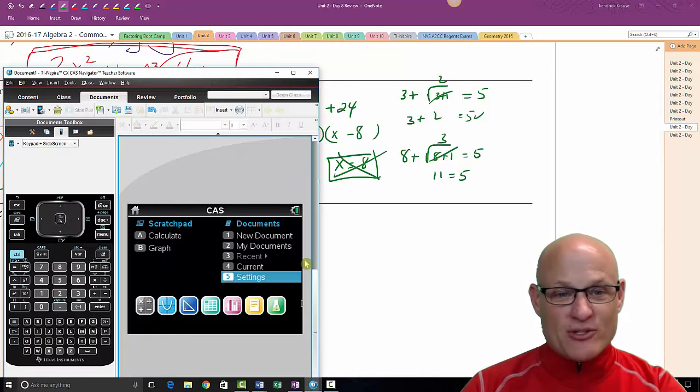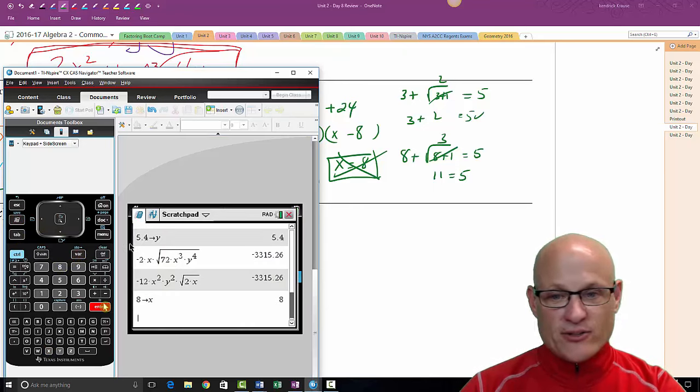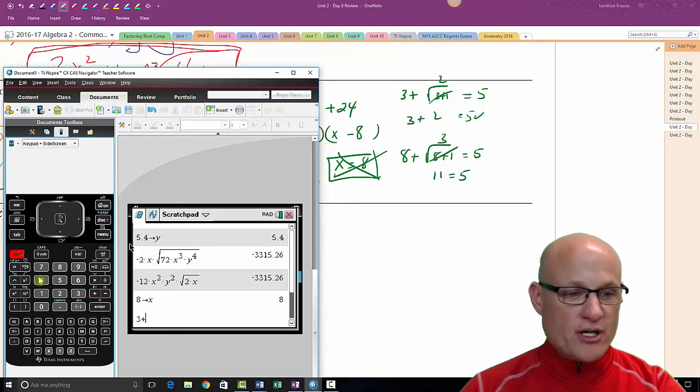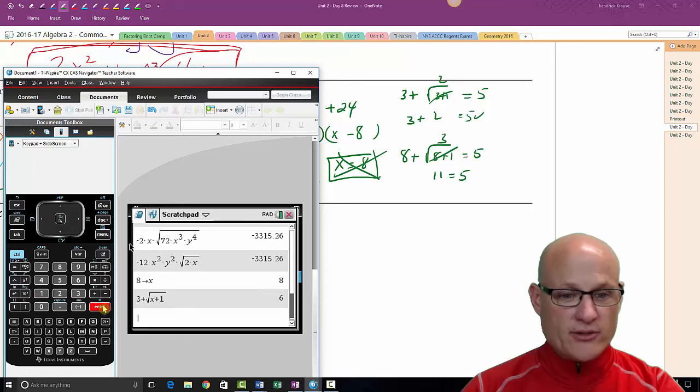But honestly, I would check using the calculator. I'm going to take 8. I'm going to store it into x. Hit enter. And I'm going to type it in. 3 plus the square root of x plus 1. Enter.